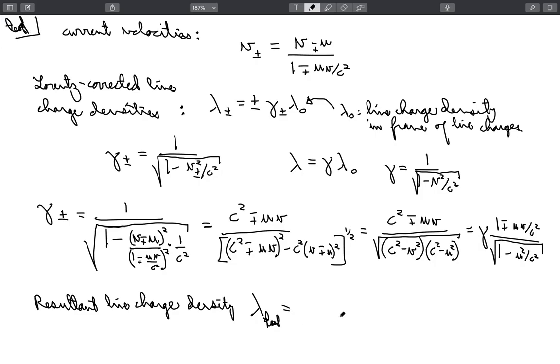So what is this? Well, it's really just the two parts, lambda plus plus lambda minus, that were given here. And now I can substitute the form of the factor that I have here.